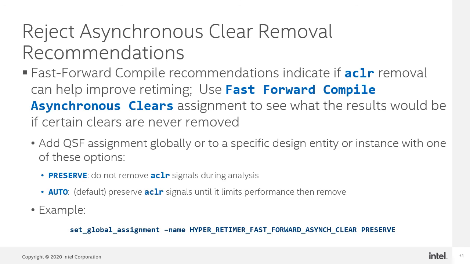Auto is the default. In this setting, fast-forward compile will leave asynchronous clears intact unless they are determined to be limiting design performance, after which they will be removed. Preserve then forces fast-forward compile to leave the asynchronous clears in a particular block unmodified.